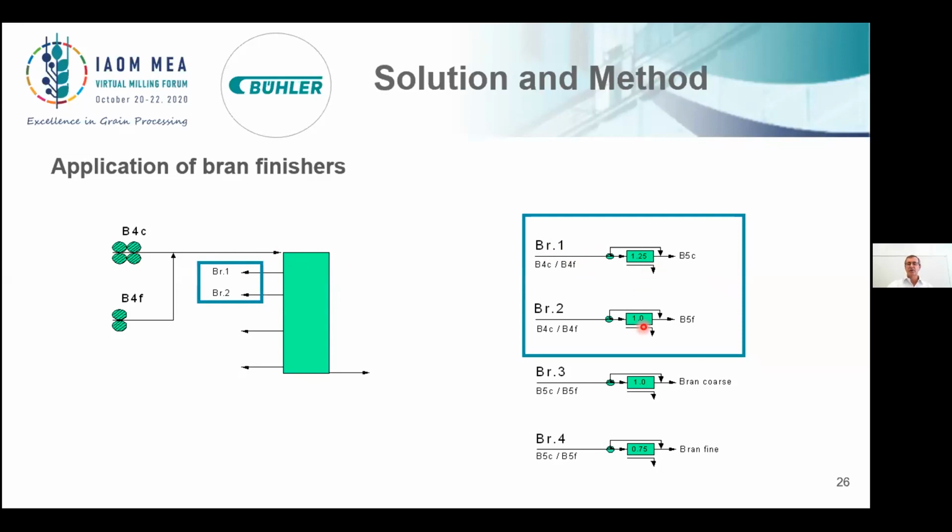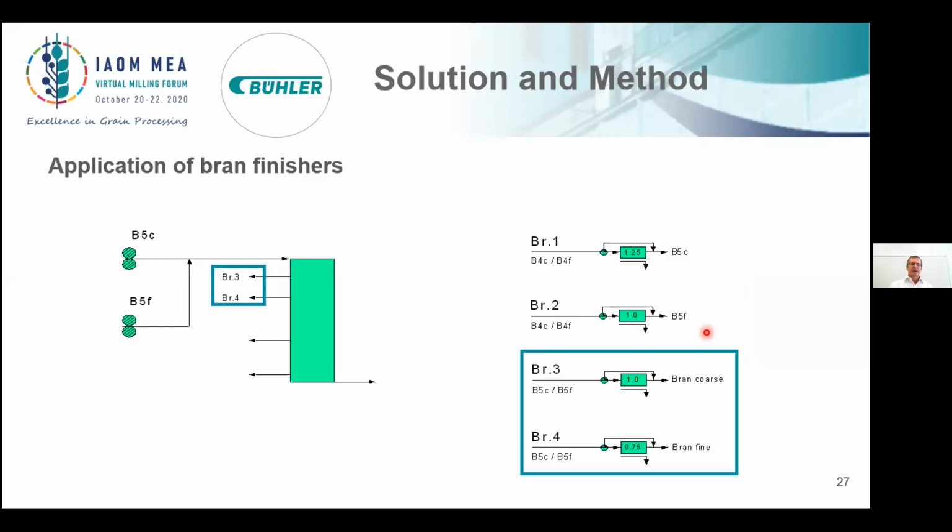The bran finisher 2 is the finer stuff of 1. It goes to B5 coarse and B5 fine. We also go to the sifter. The first is the coarse, second is the finer. Where are we going? To the coarse bran and to the fine bran. And if you wish, you can bring it together and you have a mixed bran.